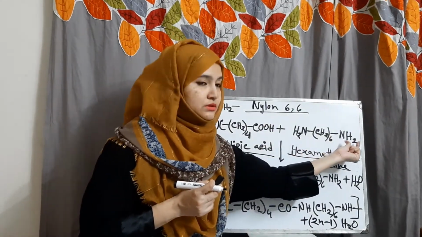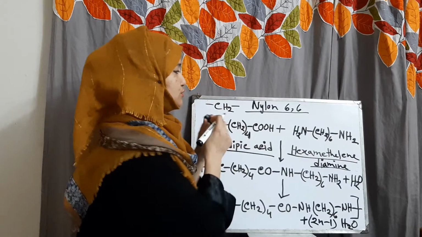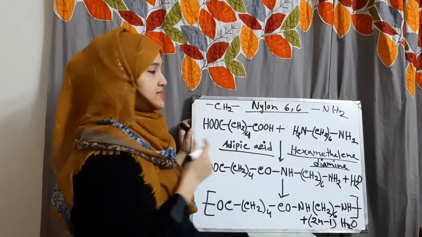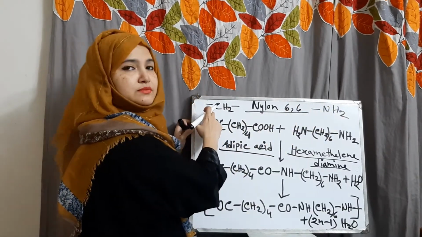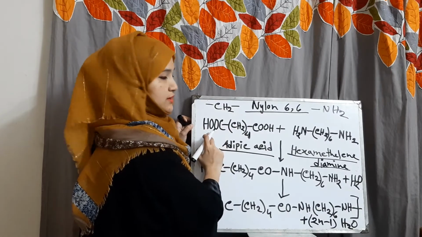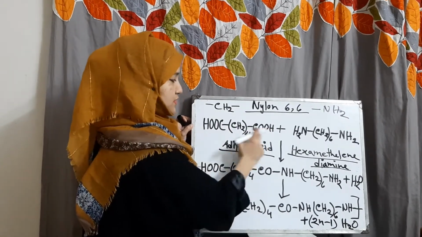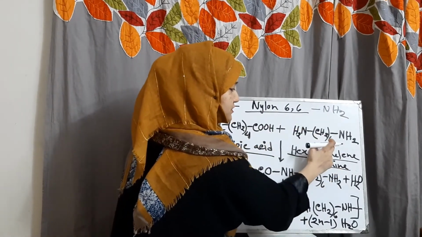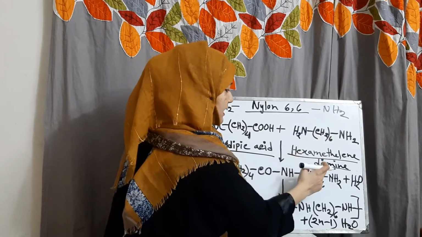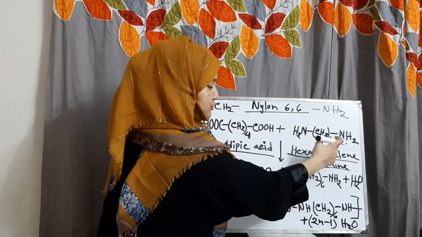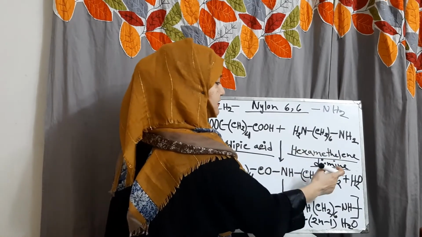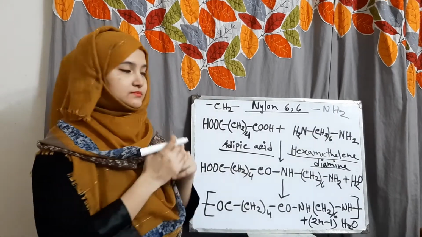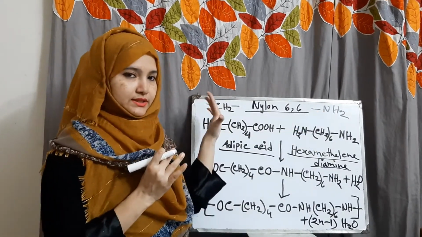Here 2 methylene amino groups. This group is known as amino group, and this is methylene group, and this is carboxylic group. In adipic acid, 2 carboxylic groups are present at 2 ends, and in hexamethylene, hexa for 6, carbon chain 6, and diamine, 2 amino groups. That's why in hexamethylene diamine also 2 amino groups are present. These are the monomer molecules. I think it is clear.